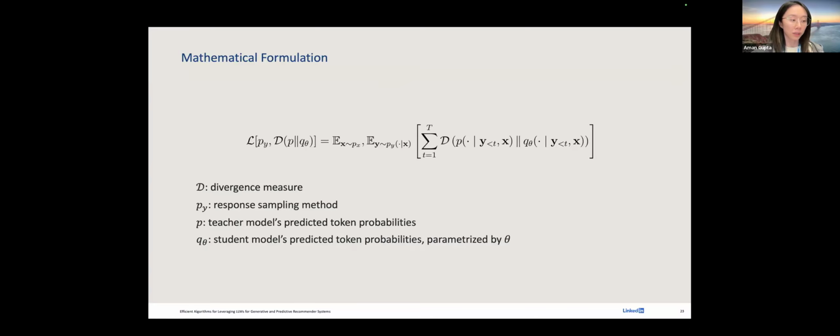We'll talk about the different methods for drawing a response later on. And you also define what divergence measure, or say divergence loss, to use. Most of the time people will just use KL divergence. Given this sampling method and this specified divergence loss, distillation tries to minimize the divergence loss between the teacher's and the student's token probability distribution over the sampled response sequences.